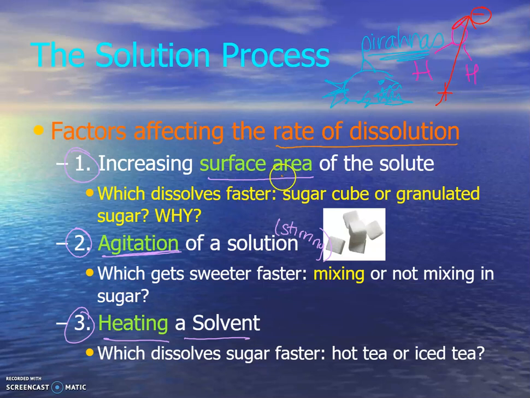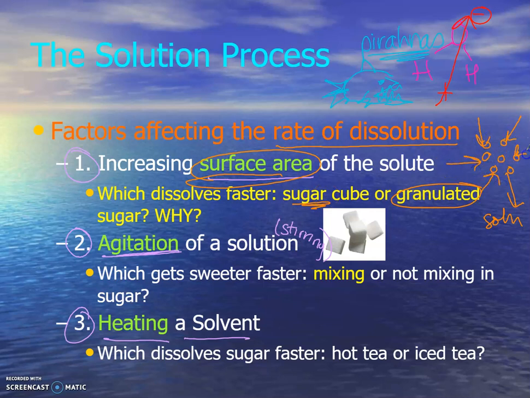If you spread out, increase the surface area, you're going to see that they are going to pick apart your molecules a lot faster and pull them into solution. It will be a lot faster if they have granulated sugar than a sugar cube. The reason for this is that there are more chances for the piranhas, the water molecules, to get to them.